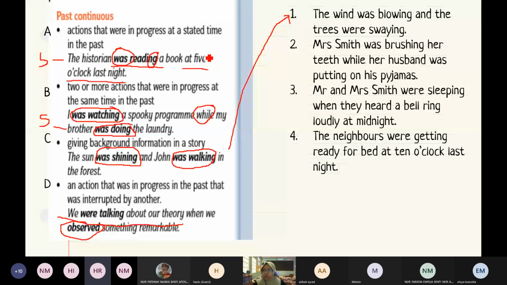Number 2, Amal. Is Amal here? Just now I saw Amal's name. B. Okay, good. Number 2 is B. Number 3, Hanif, Irshad. Mr. and Mrs. Smith were sleeping when they heard a bell ring loudly at midnight.